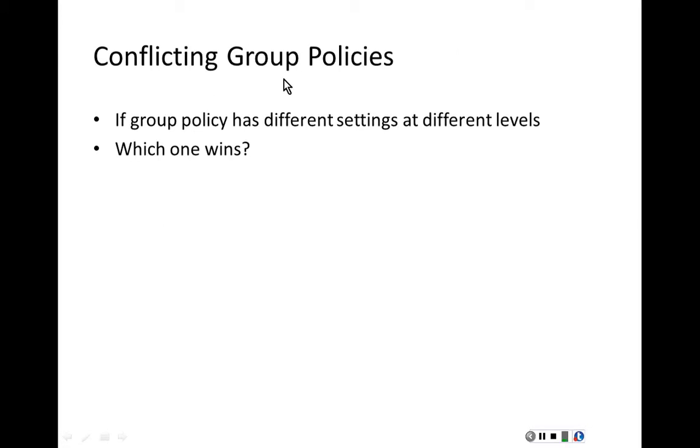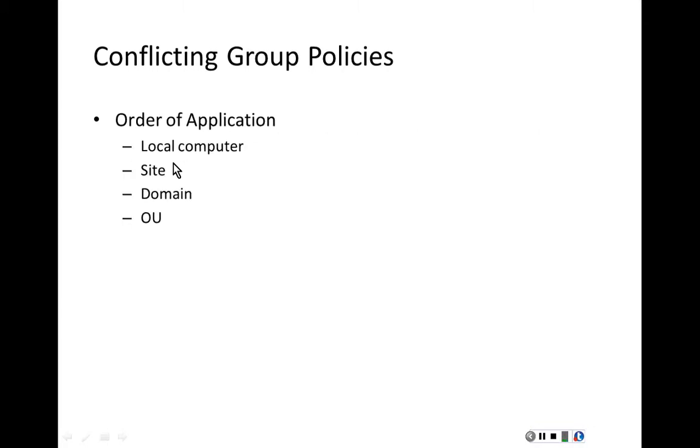Conflicting group policies. If group policy has different settings at different levels, then which one wins? And the answer is based upon the order of application. The first group policies that are applied are the local policies, followed by the site policies, followed by the domain policies, followed by the organizational unit policies.